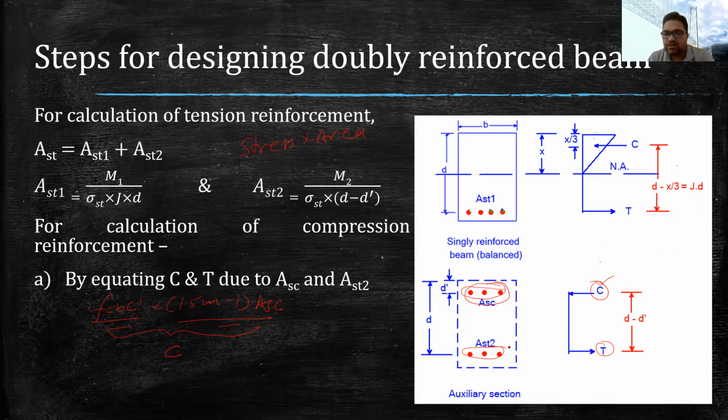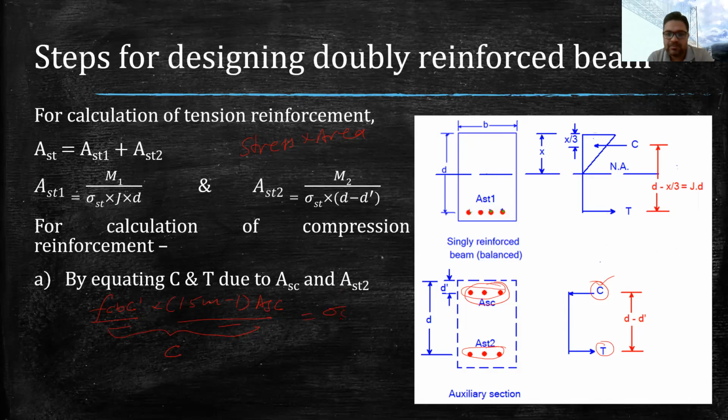Similarly, when we talk about the tension force T, this will again be written as stress into area. The stress experienced by AST2 will be sigma ST or FST.